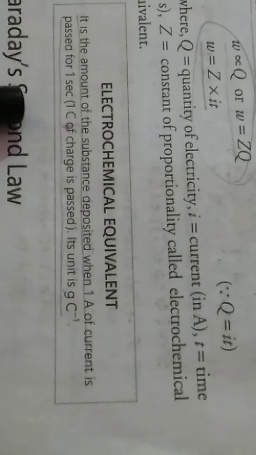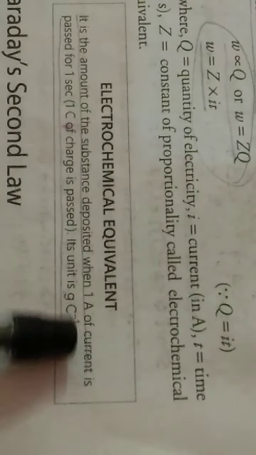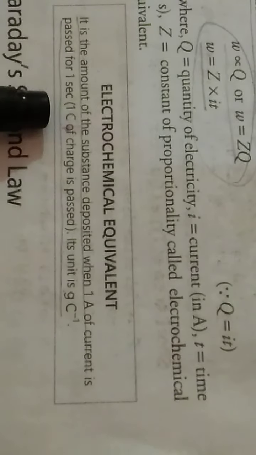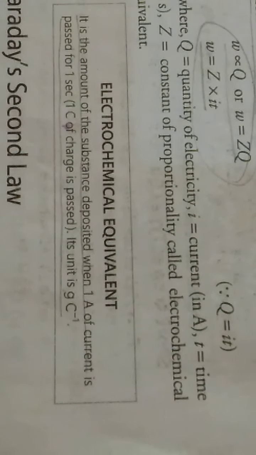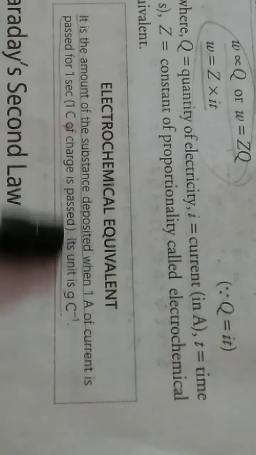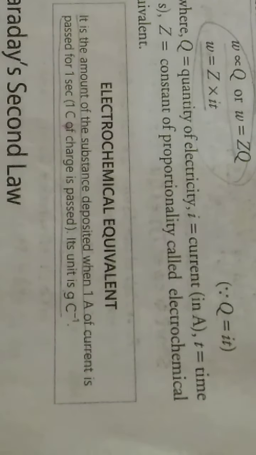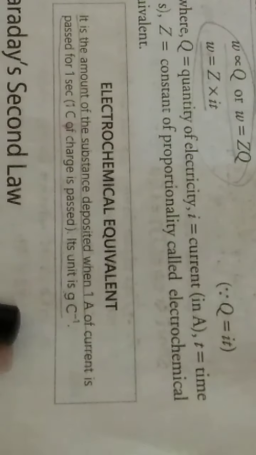Electrochemical equivalent is the amount of substance deposited when 1 ampere of current is passed for 1 second. कितना amount of substance deposit होता है when we pass 1 एम्पियर ऑफ करंट इन 1 सेकेंड. जब हम 1 एम्पियर ऑफ करंट 1 सेकेंड में पास करते हैं तो जो अमाउंट ऑफ सब्सटेंस डिपॉजिट होता है is known as the electrochemical equivalent and its unit is gram per coulomb. Okay, so this is what it is.